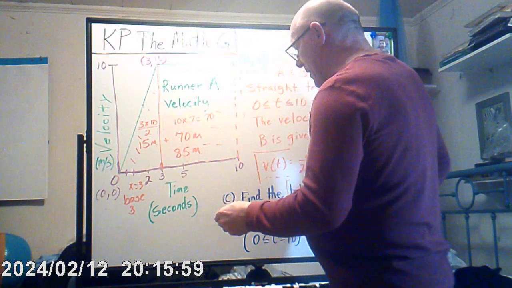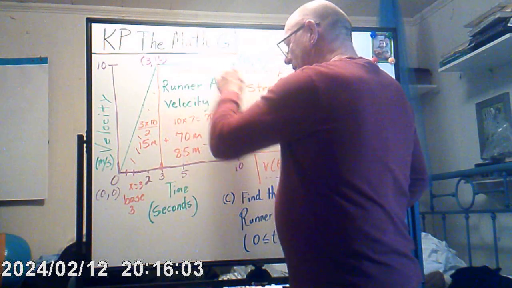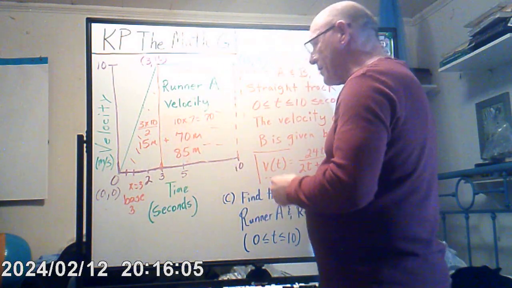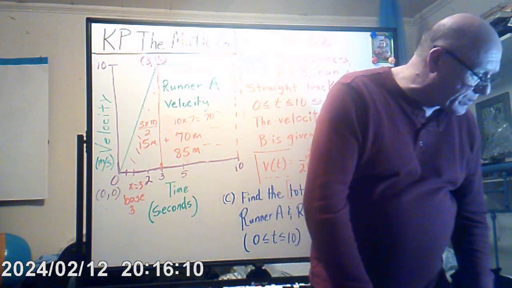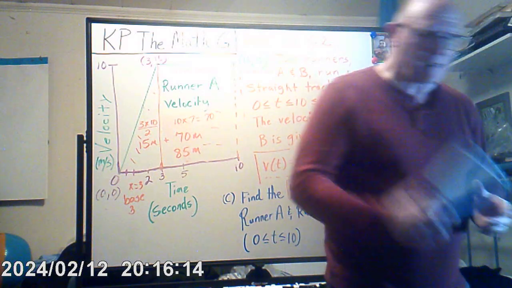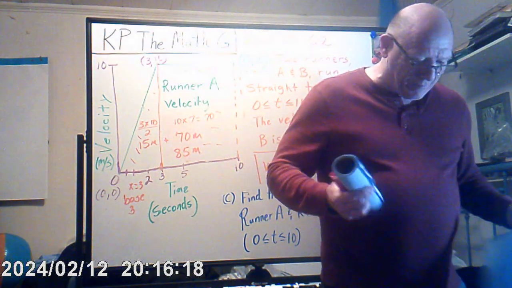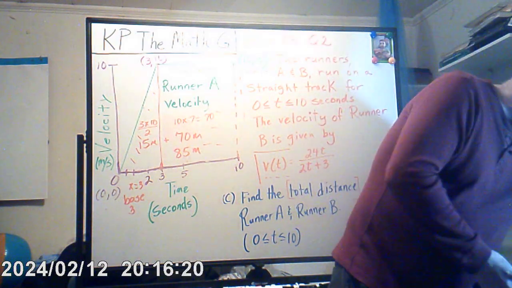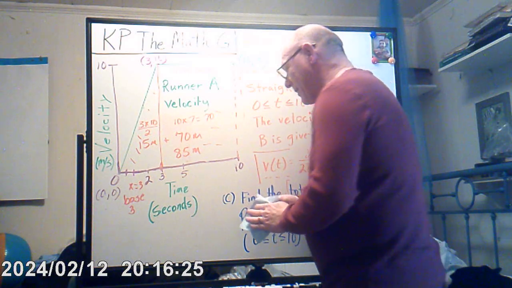Another way to do it is to find the area of this trapezoid, which we're going to do. So let me find some eraser stuff here. I got a regular eraser, but it's not doing well for me right now, so I'm just having to use this kind of stuff here.